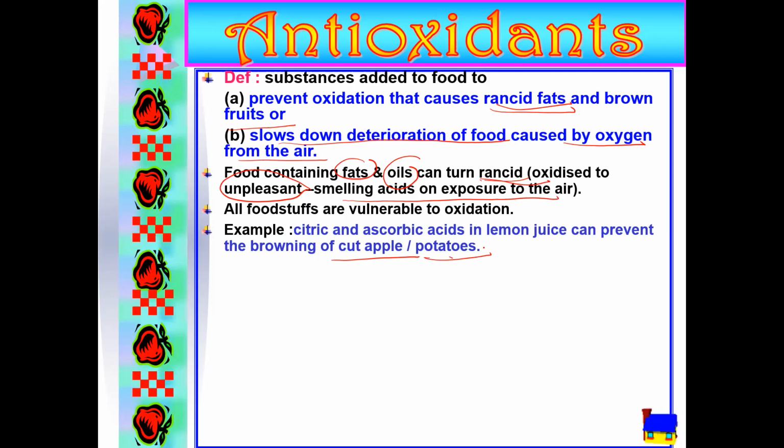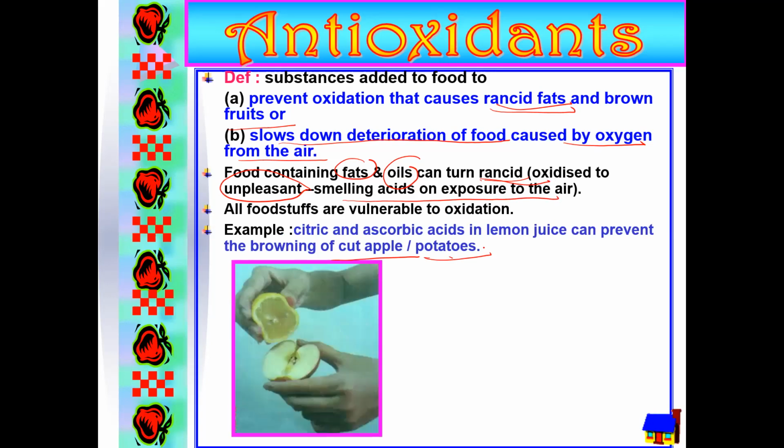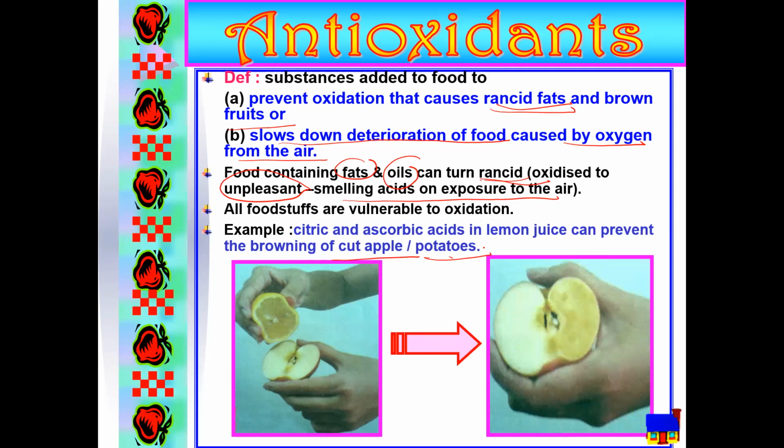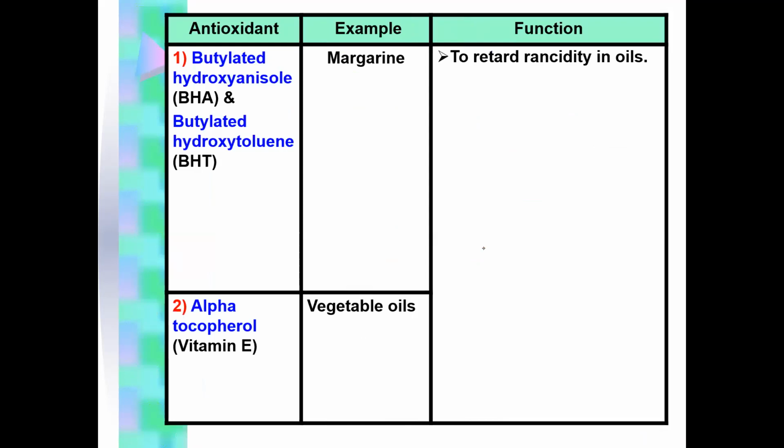Or you put some kind of acidic condition so that it won't brown very fast. I'm sure you know this already. You don't want your apple or potatoes to brown, so you put lemon juice on it, or you can put salt on it as well. So antioxidants are really good. Today you will see that one or two antioxidants are not so good as well.